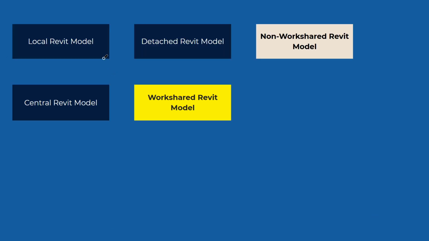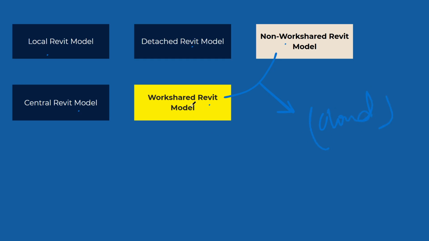We'll understand today from the demonstration point of view in the Revit model these different types of models we come across: what exactly the local Revit model, central workshared Revit model, detached Revit model, and non-workshared Revit model are. I highlighted these two for one reason, because these two are typically seen in the cloud.